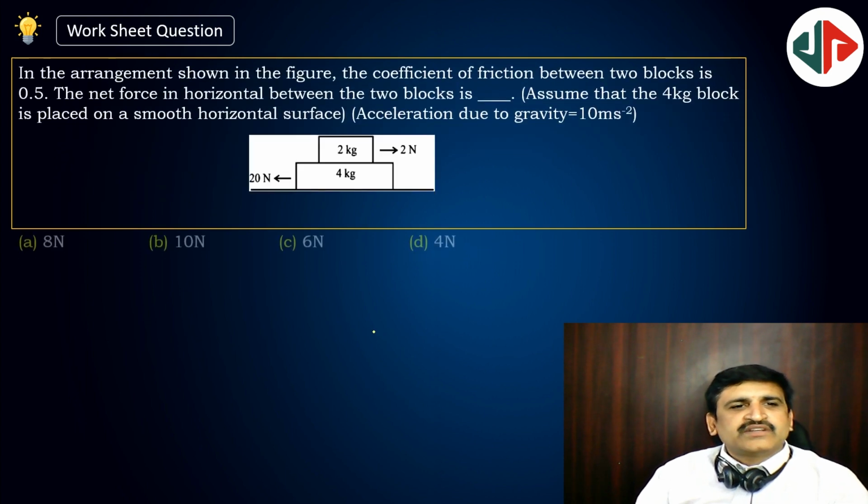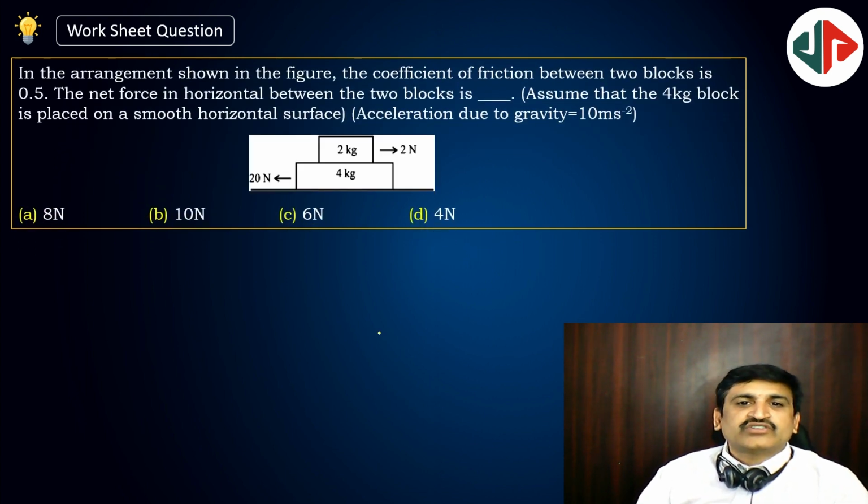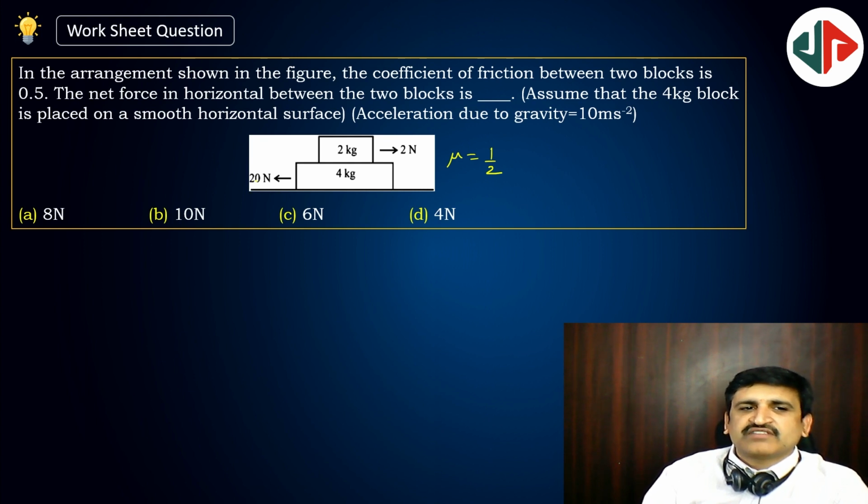In the arrangement shown in the figure, the coefficient of friction between the two blocks is 0.5. Okay, mu is equal to 0.5 or 1 by 2. The net force in horizontal between the two blocks, as it is applied with 20 newtons of force, is the bigger one. So body moves in the right side direction.